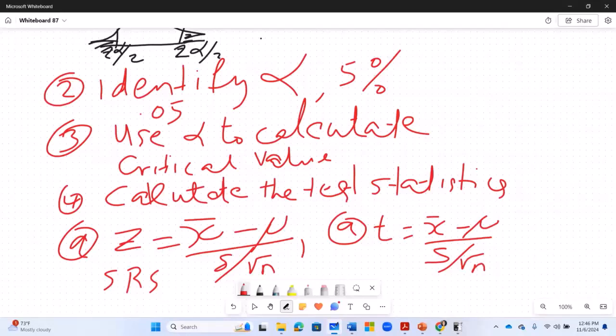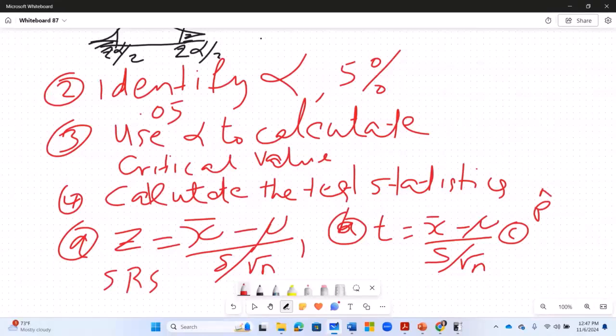And if I'm doing the test for p, then I calculate the test statistic for p. I'm going to write this here.